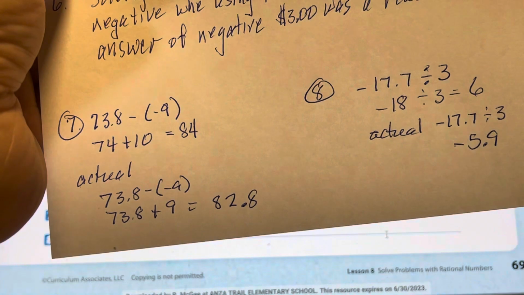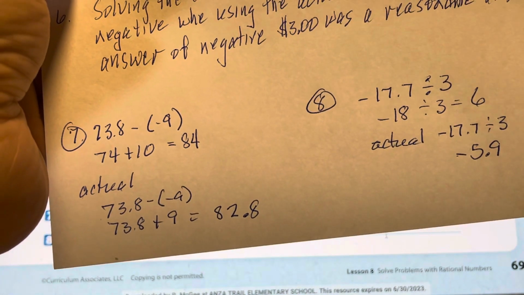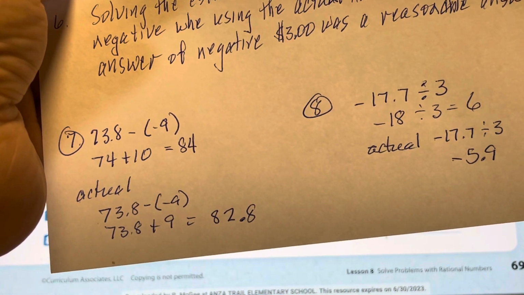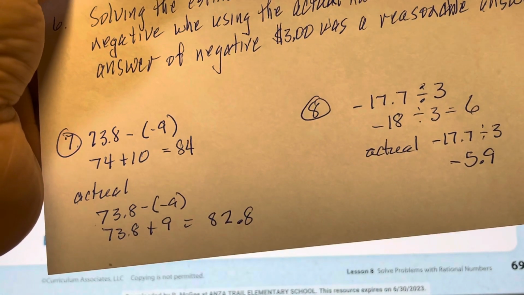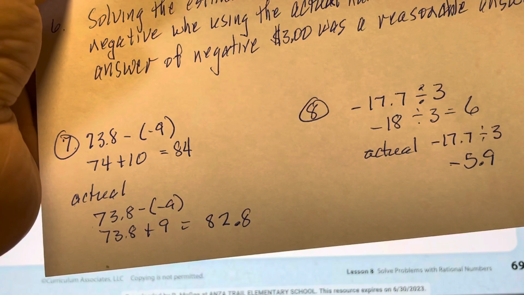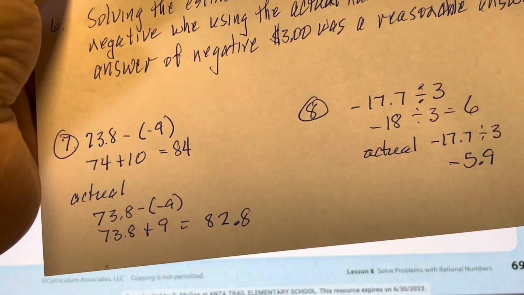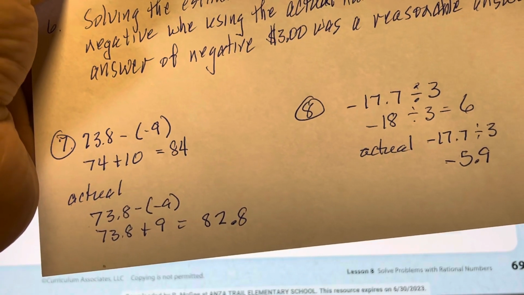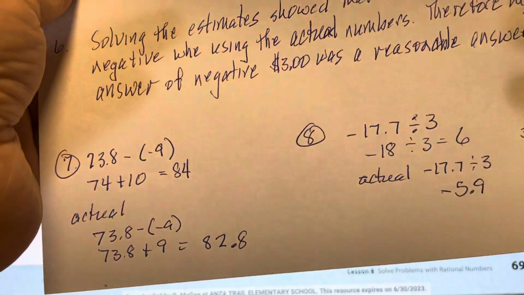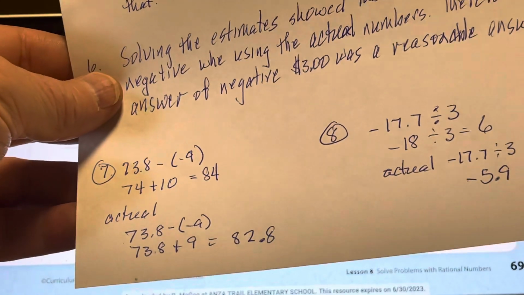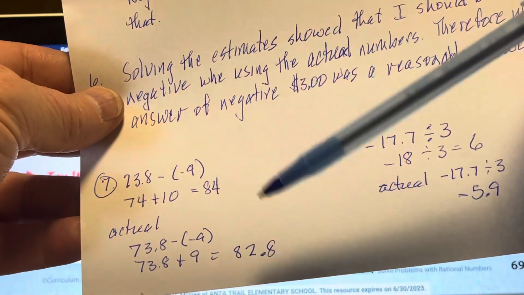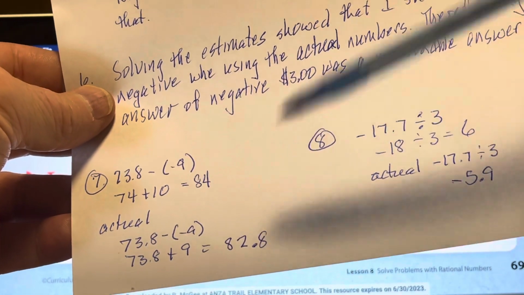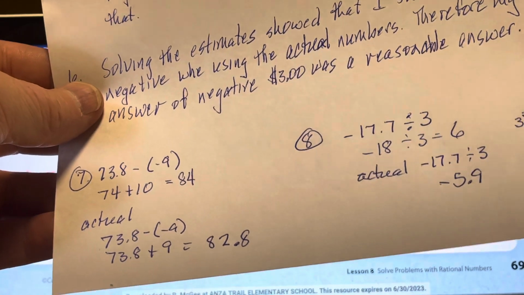And then doing the actual work, you get 73.8 minus a -9, and 73.8 changes to 73.8 plus 9, and that is 82.8. I don't think we're talking about money here. So again, the estimate of 84 shows that our answer of 82.8 is a reasonable answer.